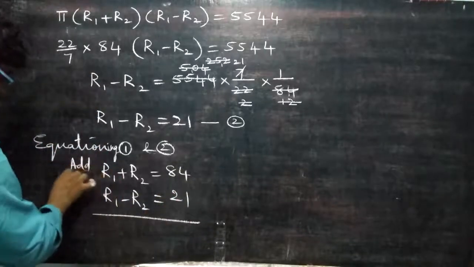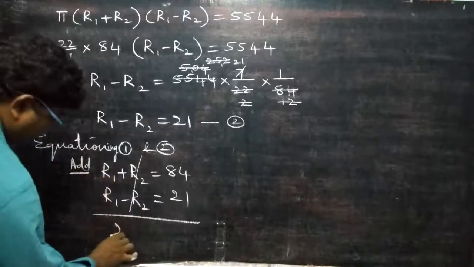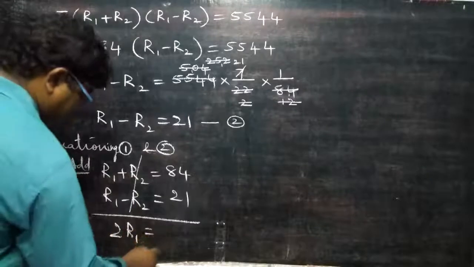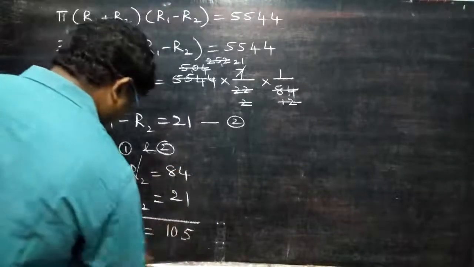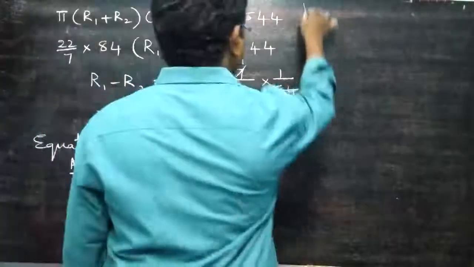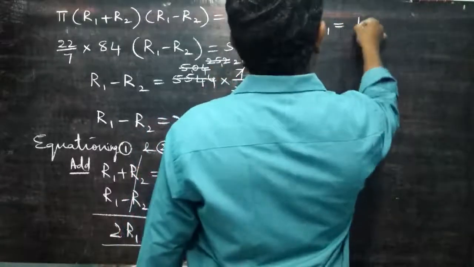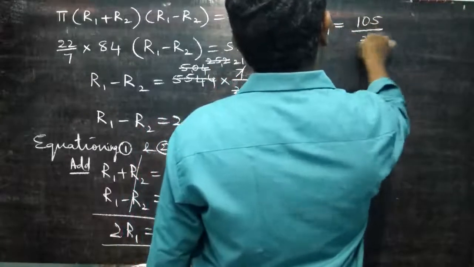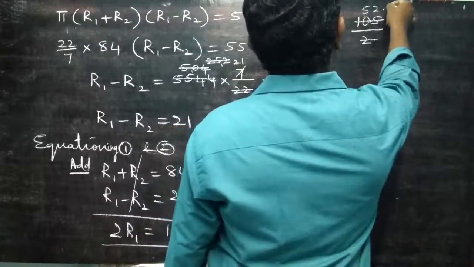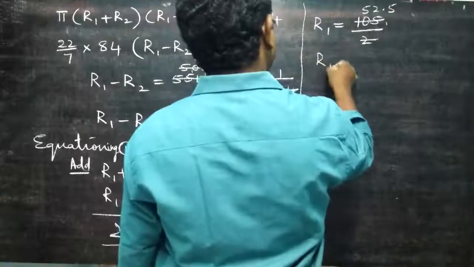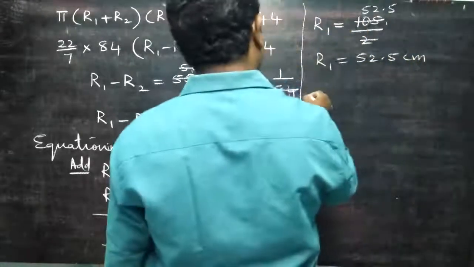If you add, R2 minus R2 gets cancelled. 2R1 is equal to, adding 84 and 21, 105. Now R1 is equal to 105 by 2. 2 5s are 10, 2 2s are 4, 1 remaining, 2 5s are 10. So R1 we got as 52.5 centimeters.